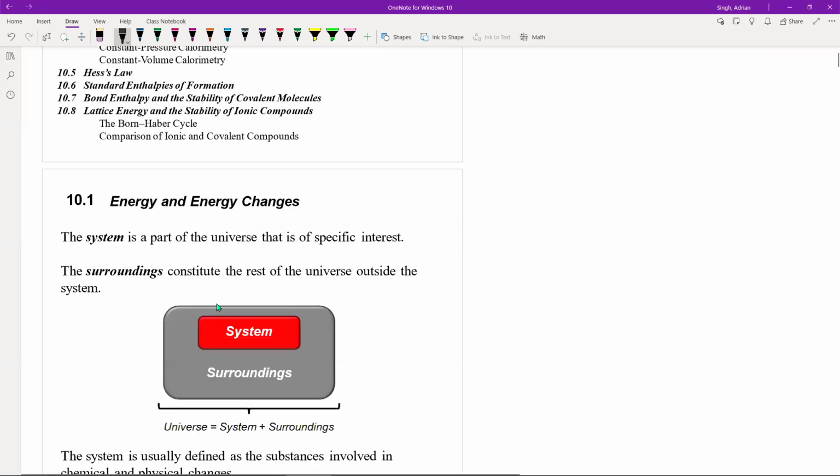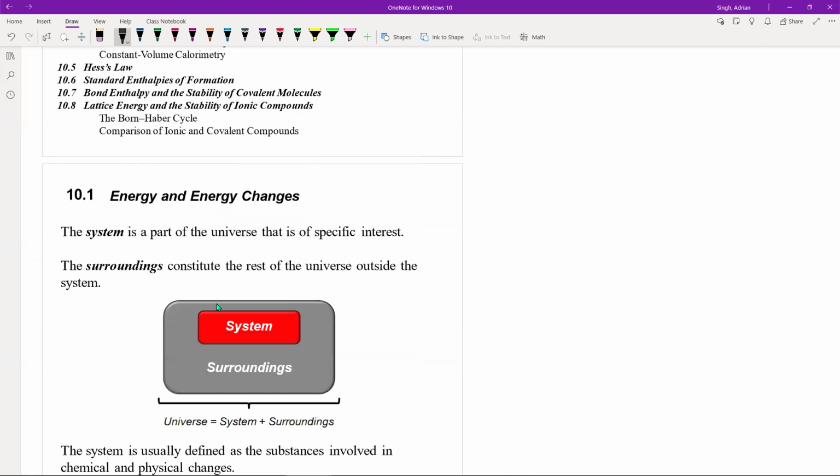So before we get into some of the details, some definitions to start off with. Often we talk about energy changes relative to a system or energy changes relative to the surroundings. And then we also talk about the universe itself, not in terms of a physics setting where we talk about stars and galaxies and stuff like that. This is just in reference to what it is we are actually studying.